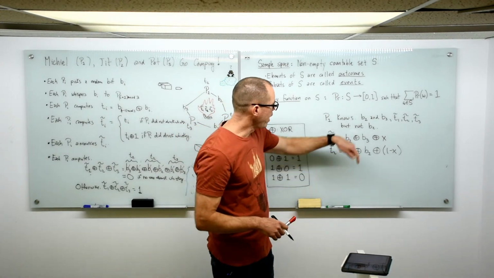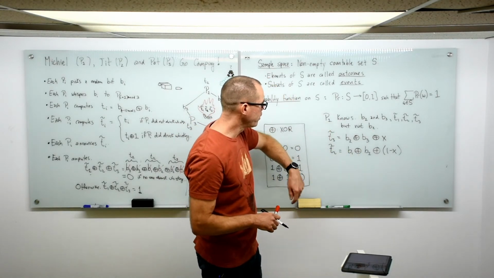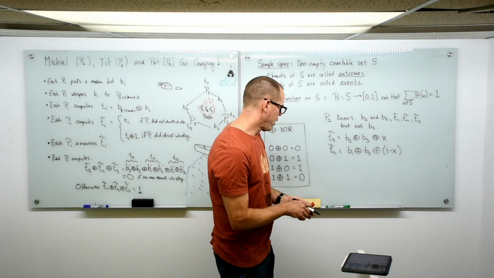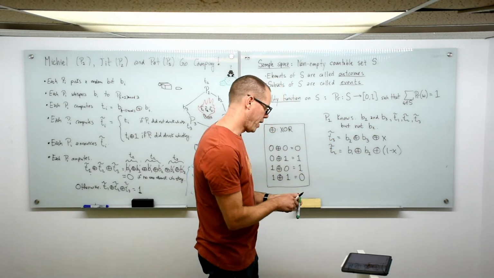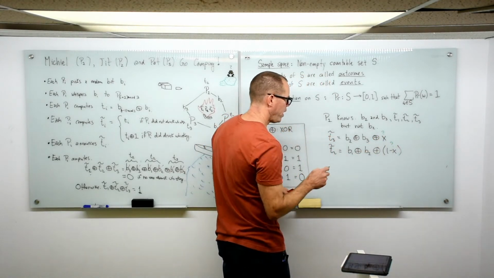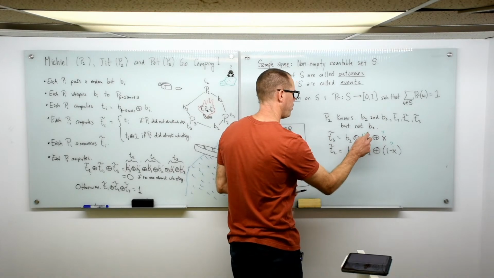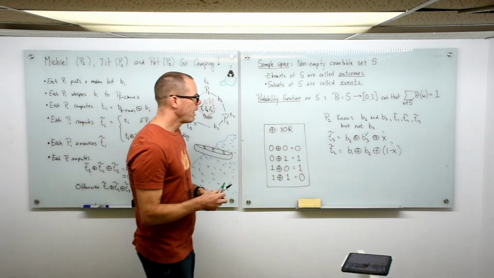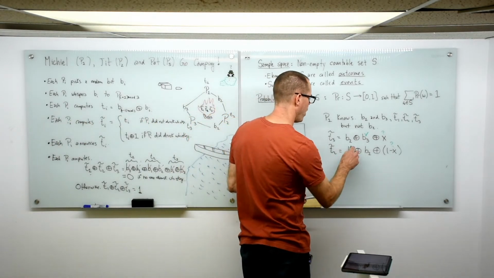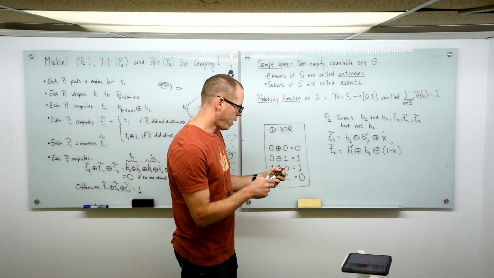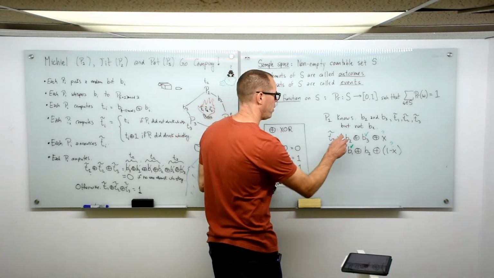I don't know the value of x. So x would be 1 if P3 was the drinker, x would be 0 if P2 is the drinker. But if I look at these things, I don't know x. I do know B3 because P3 told it to me. And I do know B1 because that's my bit. I chose that bit. But I don't know B2.